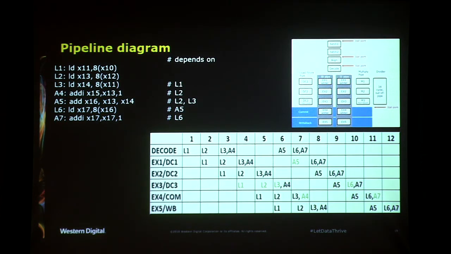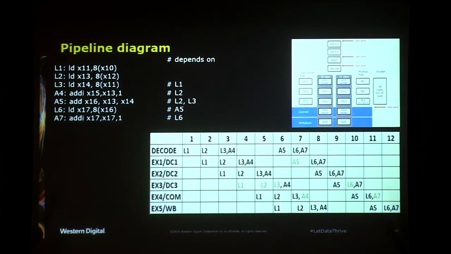After load 1 come load 2 and load 3, and instruction A4 would like to use register X13, which is referenced in L2. So let's just focus on these two, L2 and A4.